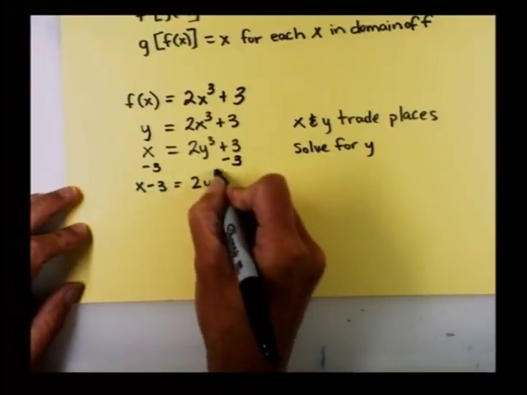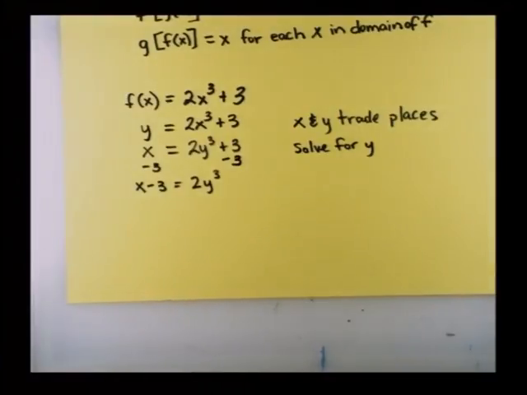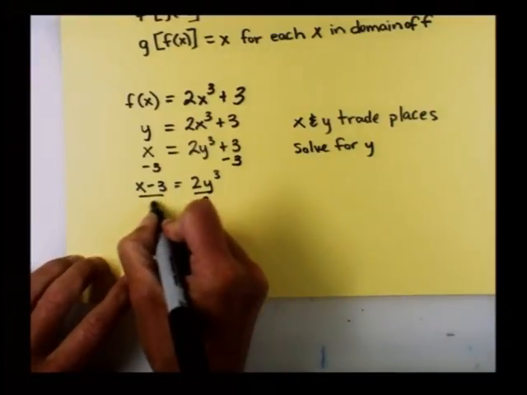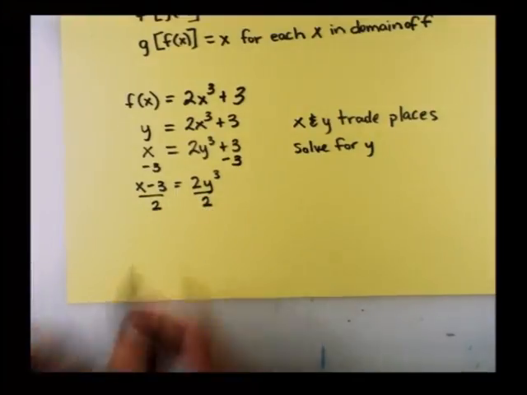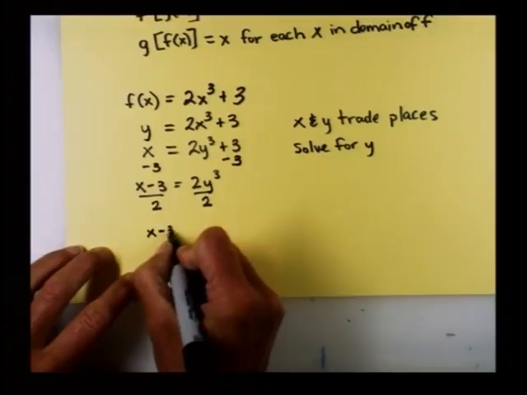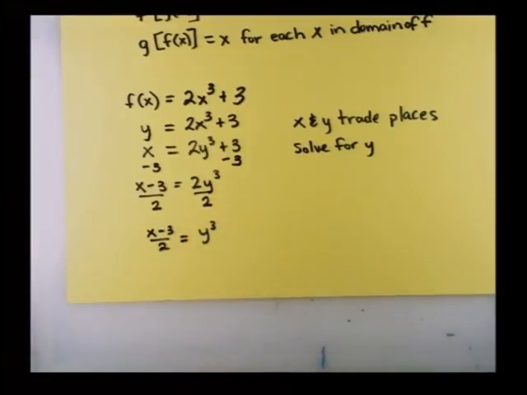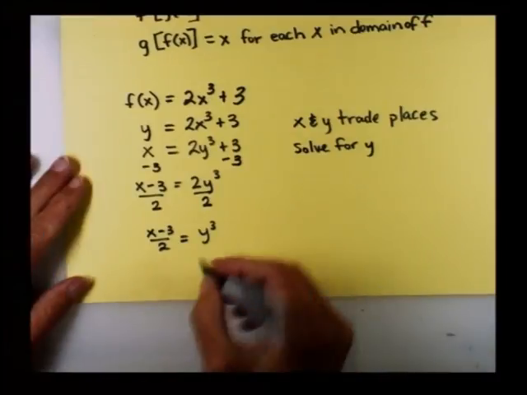So now I have x minus 3 equals 2y cubed. Need to divide by 2. I want to get that y by itself. So I have x minus 3 over 2 equals y cubed. And to undo the cube, I'm going to do a cube root.